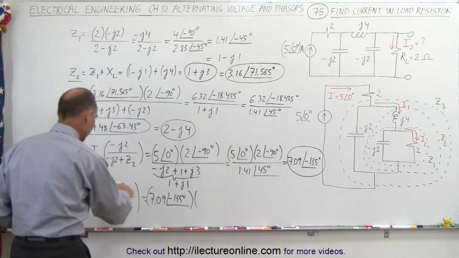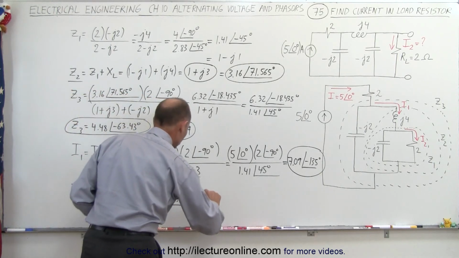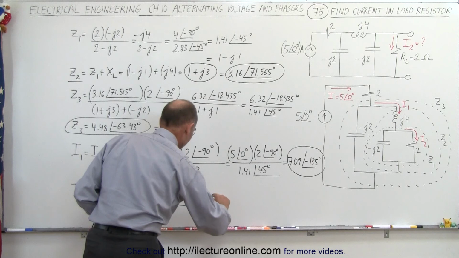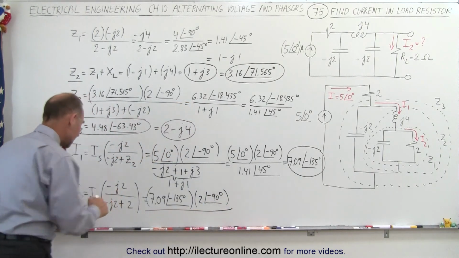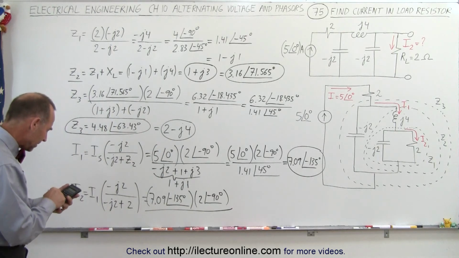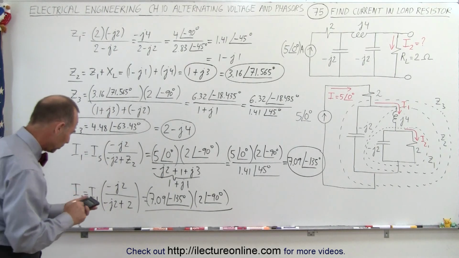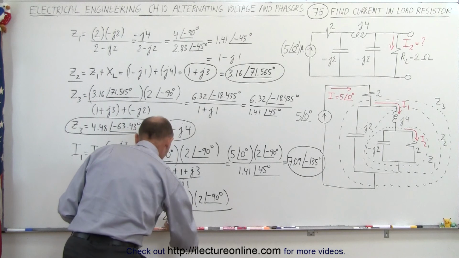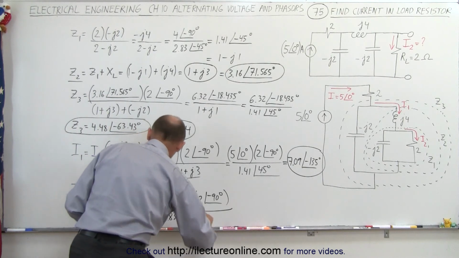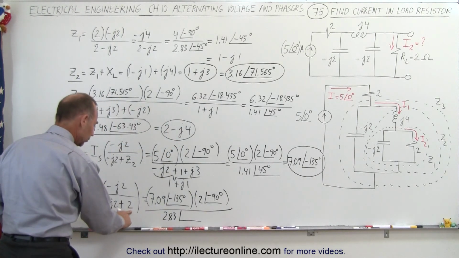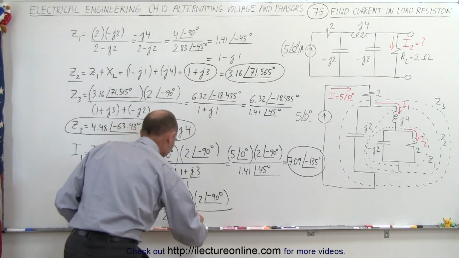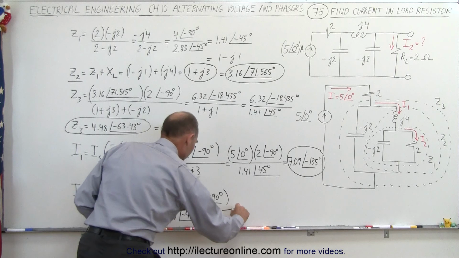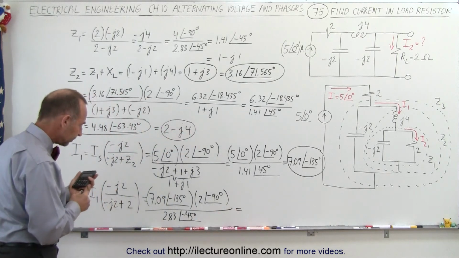Multiplied times the numerator, which is 2 with a phase angle of minus 90 degrees, because it's a capacitor, divided by, here we have a 2 and a minus J2, square root of 8, 2.83 with a phase angle of minus 45 degrees.